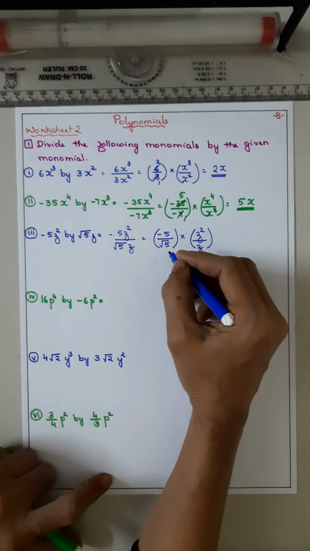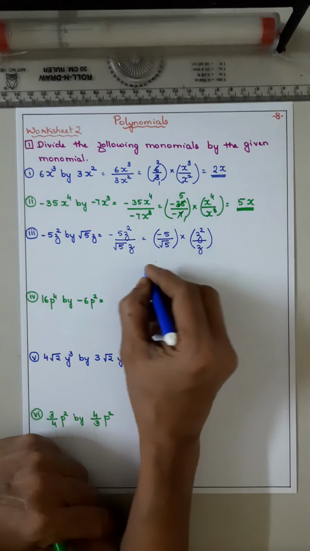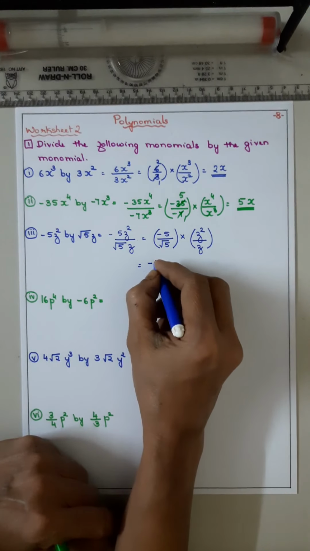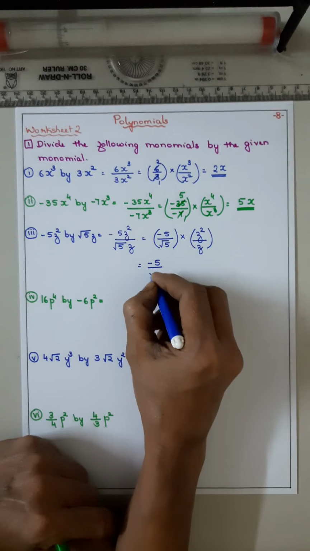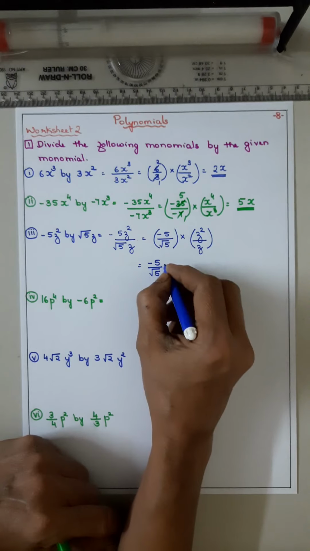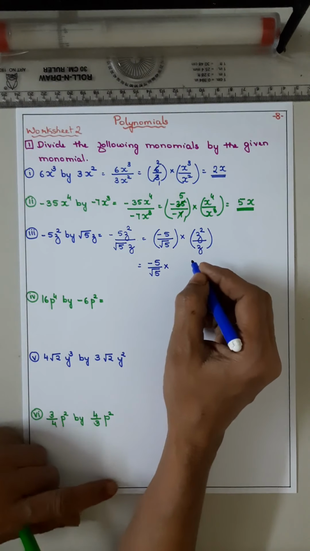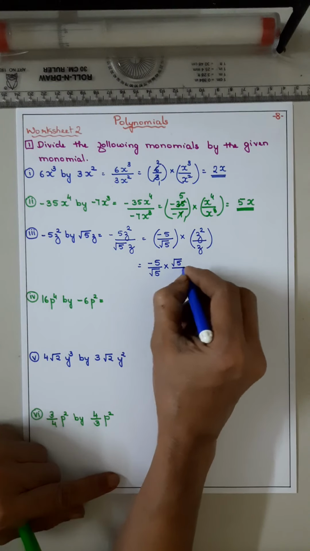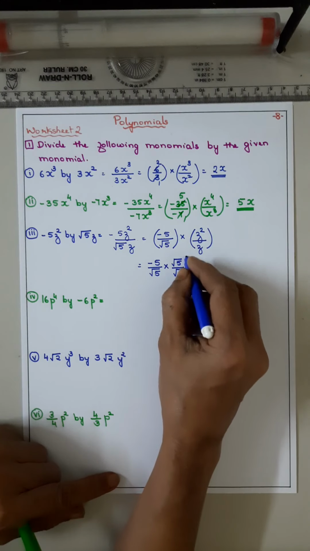Now in the denominator, when there is a root, you have to change it. It is minus 5 upon root 5. Now the denominator root has to be changed, that is why multiply by root 5 upon root 5.